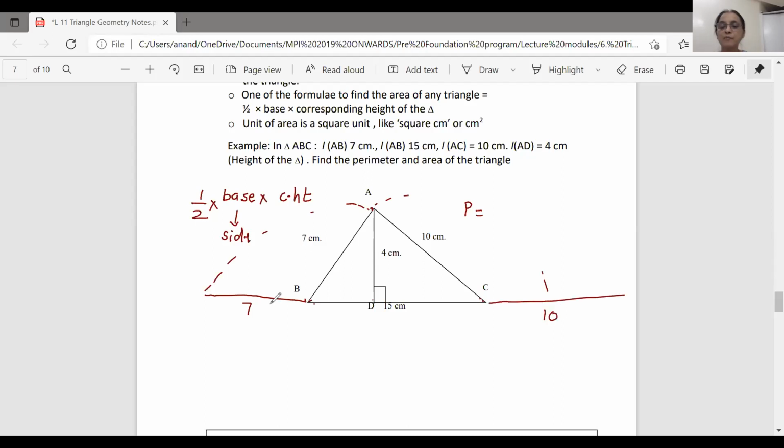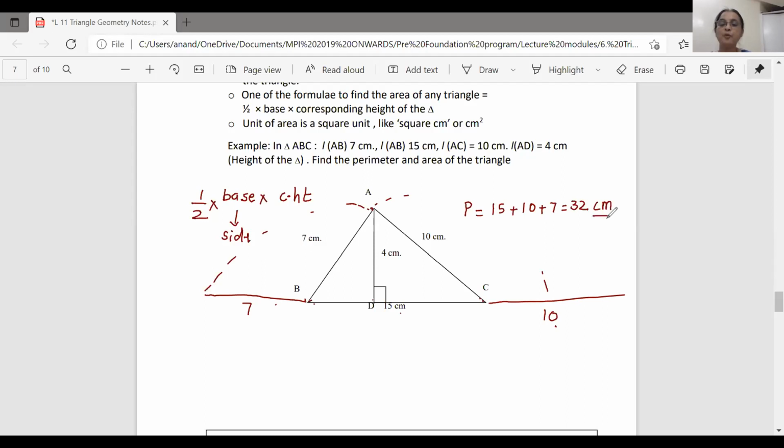So this total 7 plus 15 plus 10 will be the perimeter of my triangle. Okay, 15 plus 10 is 25 plus 7 is 32. So the perimeter of the triangle will be 32 centimeter, a linear unit.